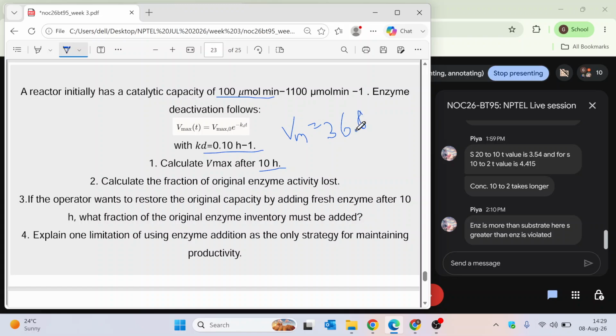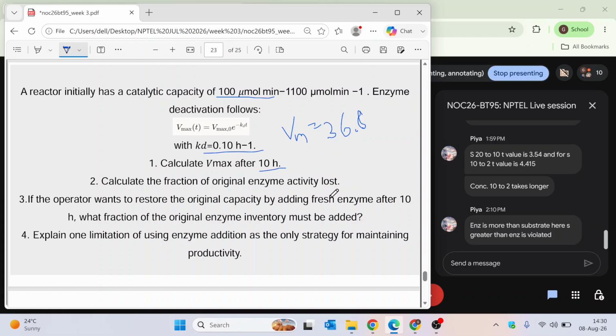Considering this is the fraction that is remaining, what fraction is lost is, initially there were 100, so the lost fraction is going to be 63.21%. Okay, so you have to add that much. 63.21% has to be added to restore the original capacity.